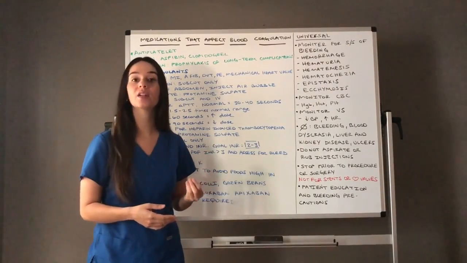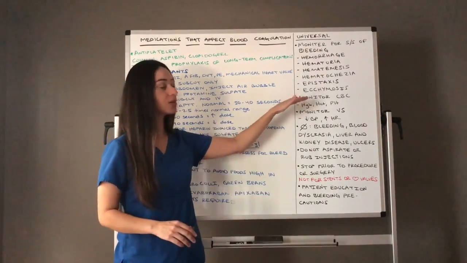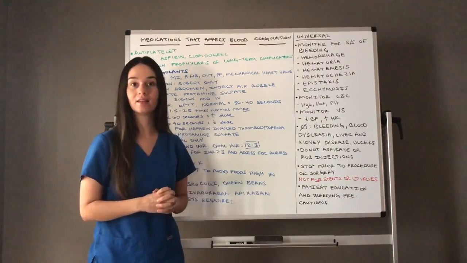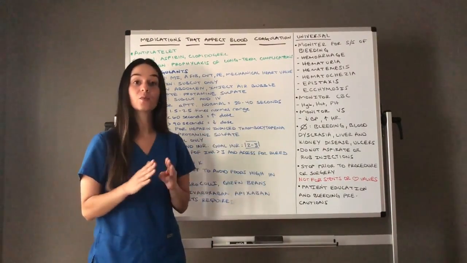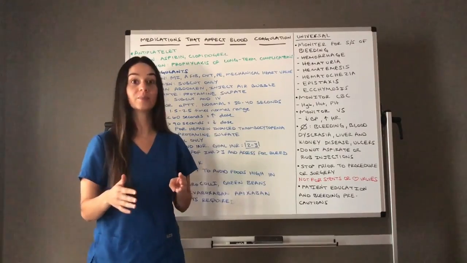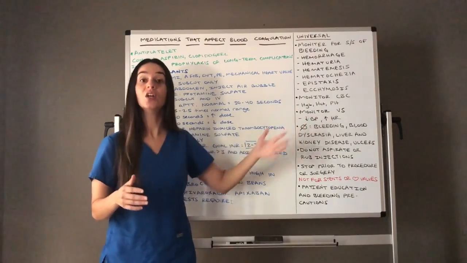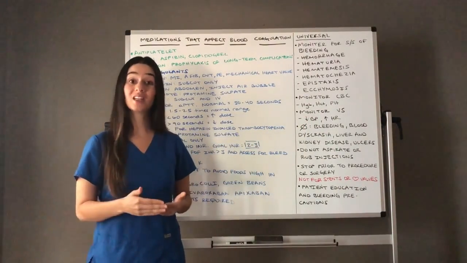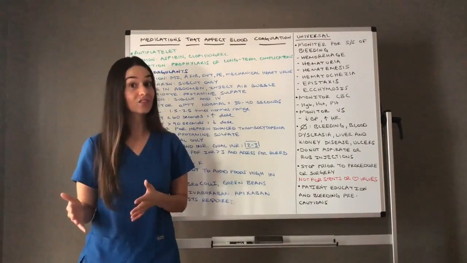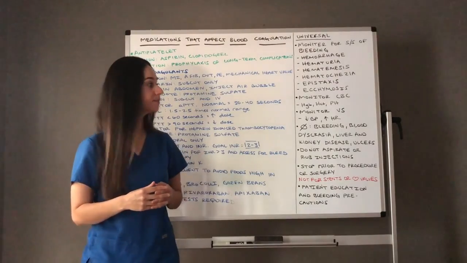How else can we monitor for bleed? We need to look at a complete blood count, or you need to monitor the CBC. So when we draw this blood level, the 3 values that really show us if a client is bleeding is hemoglobin, hematocrit, and platelets. You need to know your normal values, and if they are low, we need to be concerned that either this client is already bleeding or now we are putting them at a much higher risk to bleed.